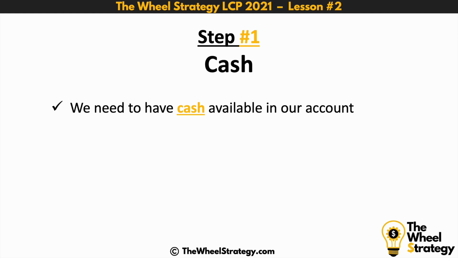And here you start to understand why we cannot start using the wheel with $500 or $1,000, because if a contract controls 100 shares, with $1,000 you can sell a put on a stock that has a price of $10.